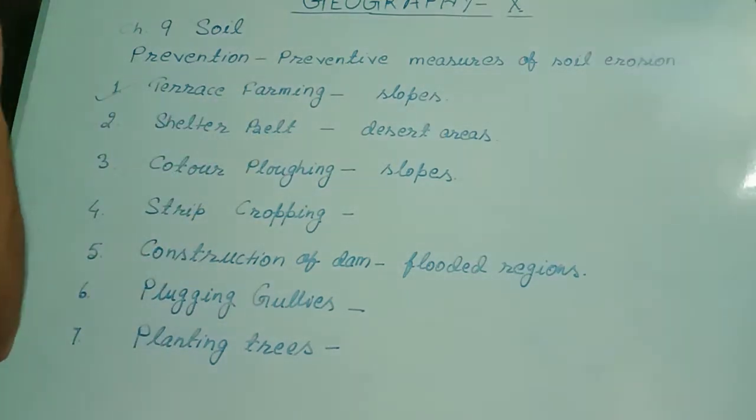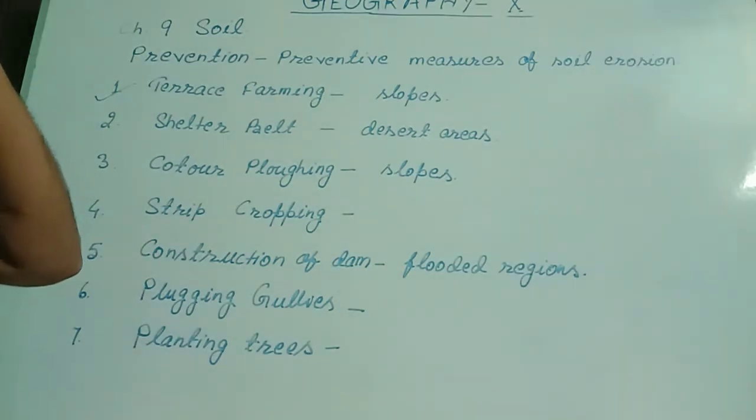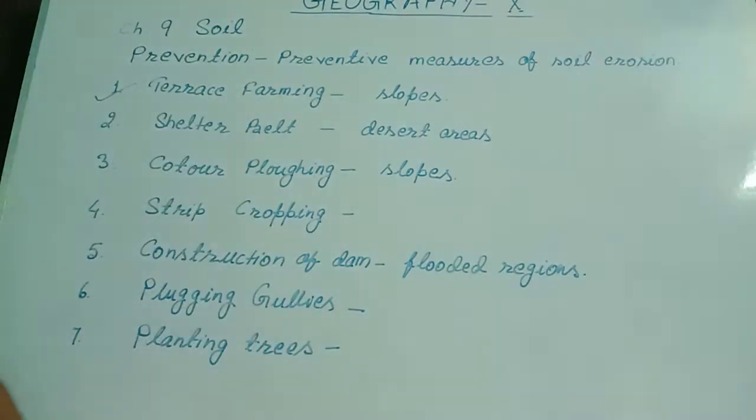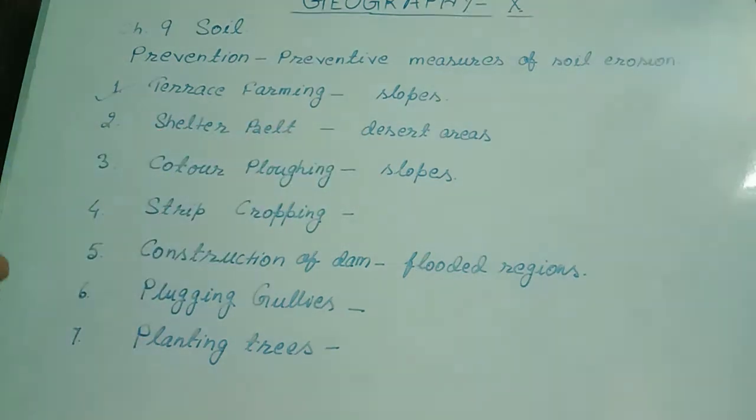I repeat, the long trees are planted to reduce the speed of wind, so that the soil erosion will be reduced. This type of preventive measure is found in desert area.